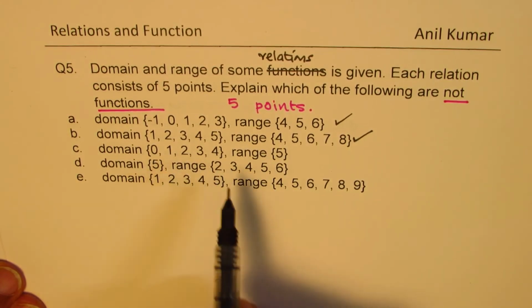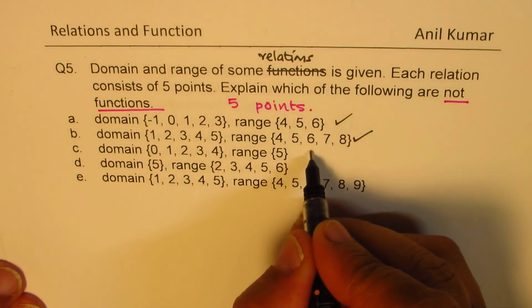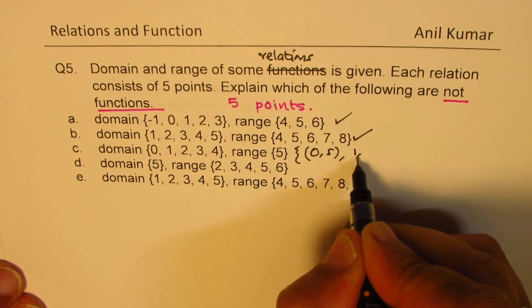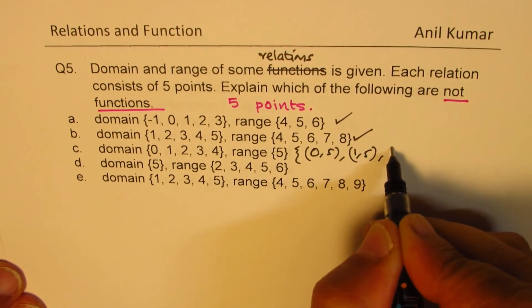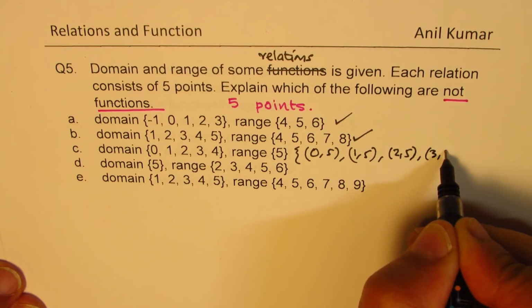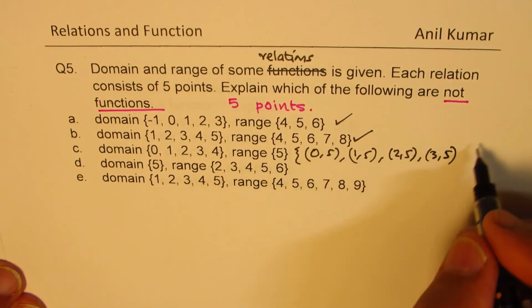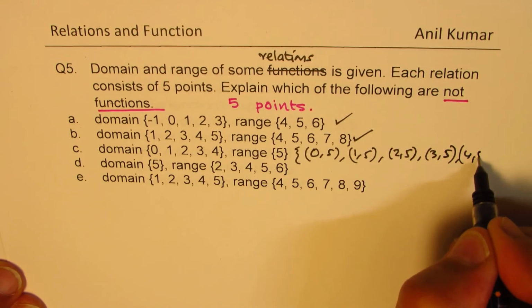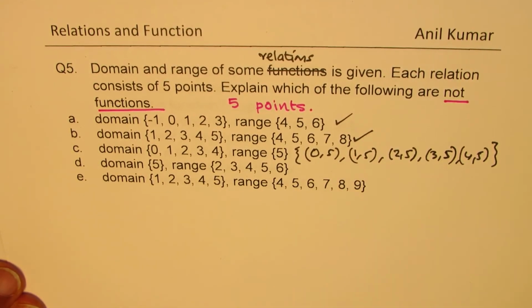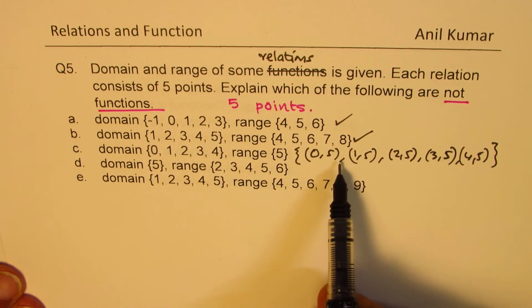This is like 0, 5, 1, 5, correct? 2, 5, 3, 5, like this, right? And 4, 5. So you can see that each element is unique. Every x value corresponds to only one value of y, so it is also a function, right?